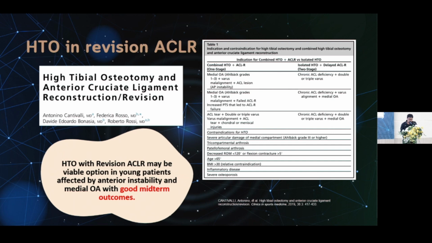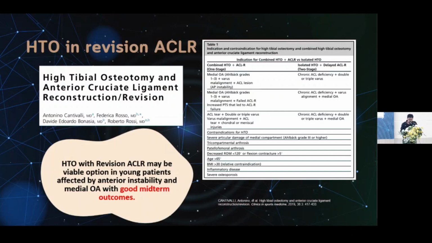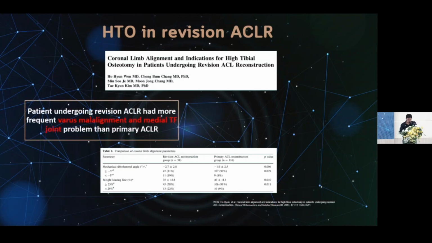A study by Ho Hyun Won on coronal limb alignment and the indication for high tibial osteotomy in revision ACL reconstruction found that patients in revision ACL groups had more varus malalignment and medial compartment knee osteoarthritis than in the primary ACL group. Therefore, high tibial osteotomy should be considered in revision ACL reconstruction with varus malalignment greater than 5 degrees.